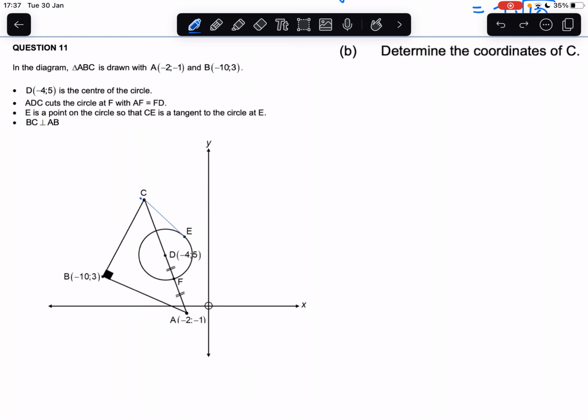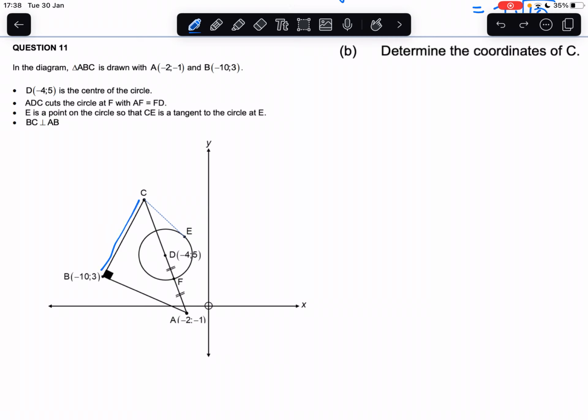The other line that it's a part of, we've got a lot of information on this side of the line, but we don't have a lot of information on that side. So we don't know if this line is shorter than this line or they're the same length. We probably won't get very far with that.